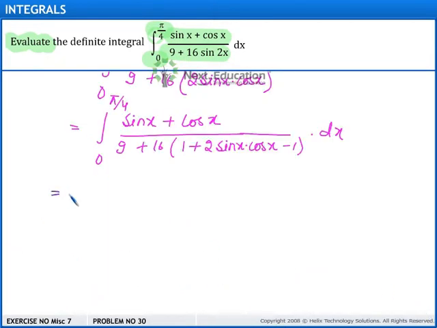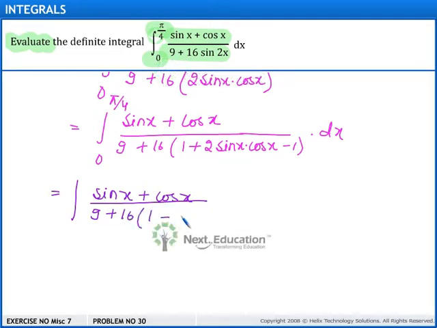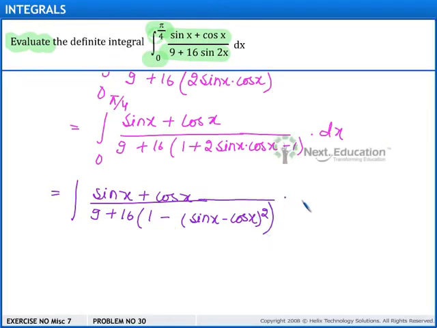This can further be written as the integral of (sin x + cos x) divided by 9 + 16 into (1 - (sin x - cos x) whole square) dx.